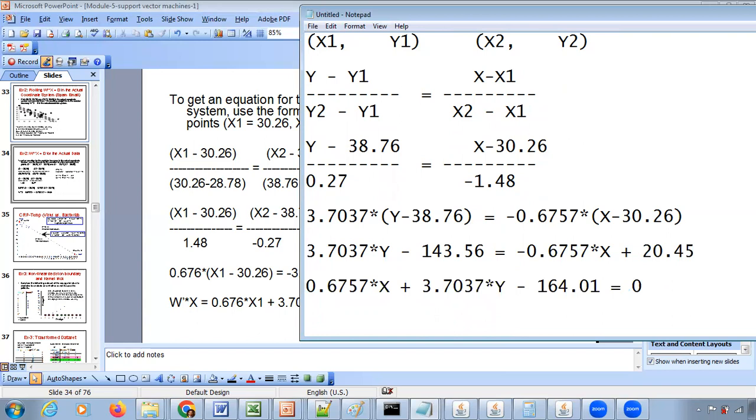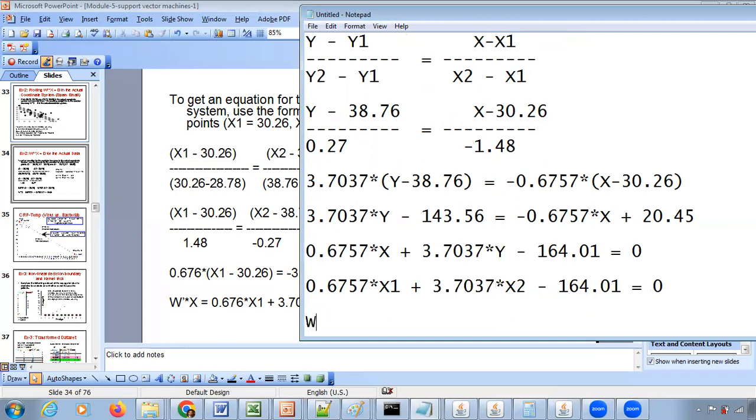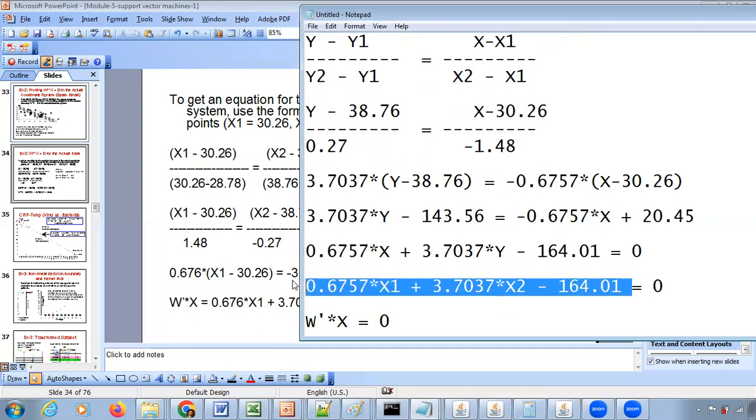Now we can replace x with x1 and y with x2. So 0.6757 times x1 plus 3.7037 times x2 minus 164.01 equals 0. So this is our w prime times x equals 0. So what we can do is evaluate this w prime times x for any actual data point.